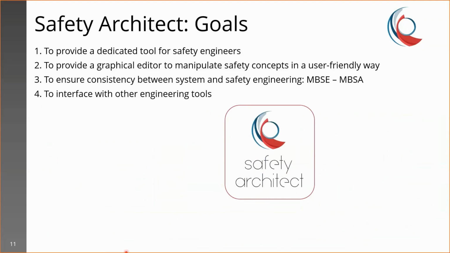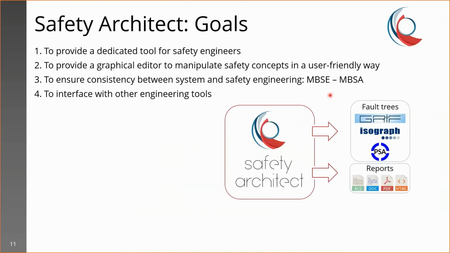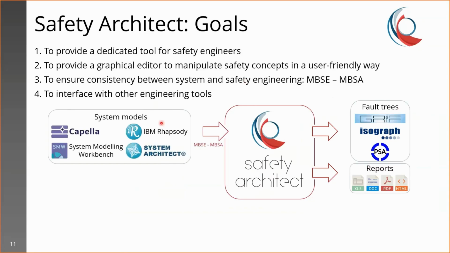The fourth and last objective is to interface with other engineering tools to become part of the engineering ecosystem. First, the analyses produced, such as the fault trees, can be exported in different formats. The reports can also be exported in the most classical document formats. We can import system architecture from various system engineering tools.